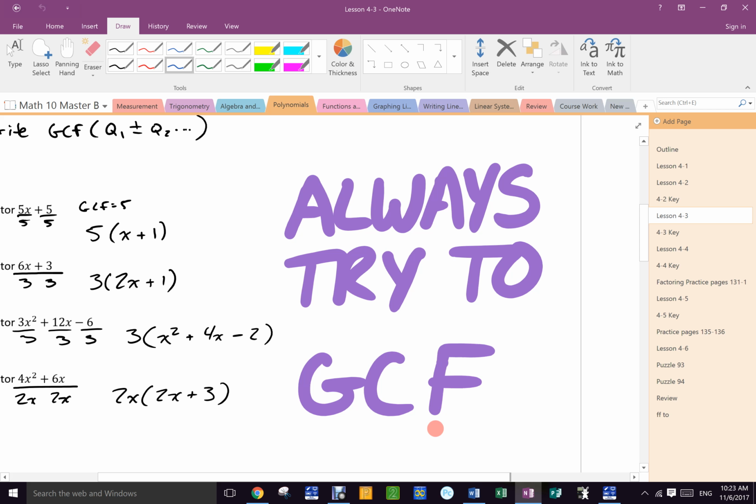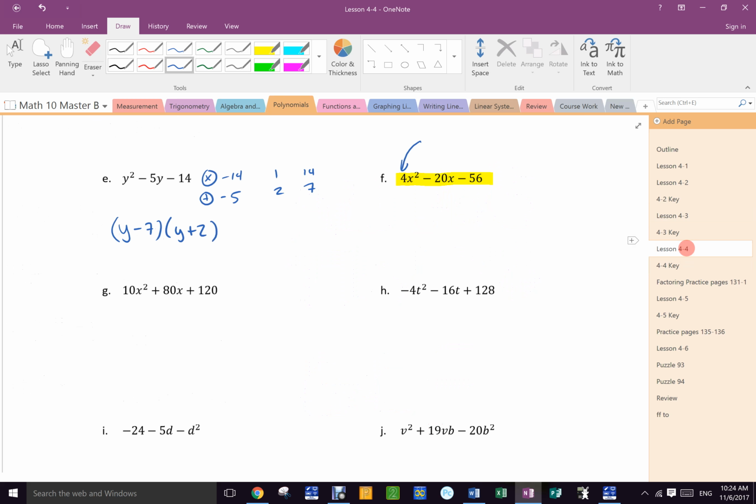What was that thing I told you to try every chance you get? GCF. Is there a GCF here? What is it? 4. So if I divide everything by 4 and I write it out, what's the first term? X squared. Minus, what's the second term? 5x.